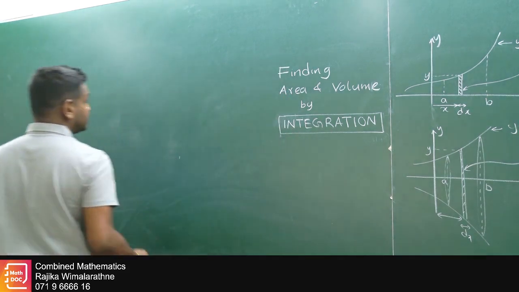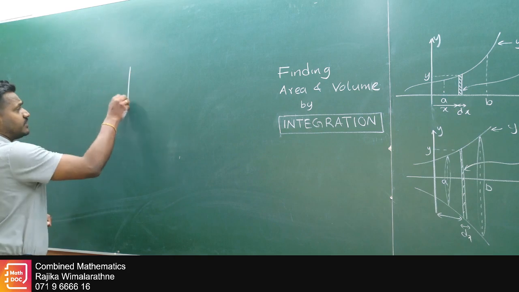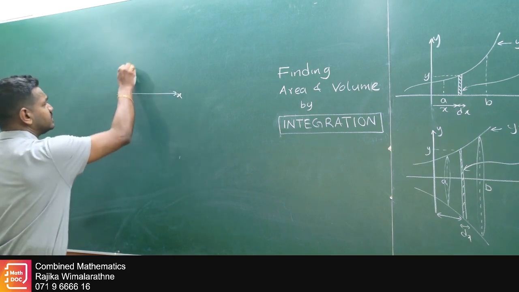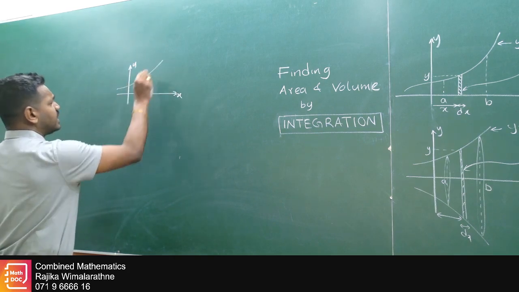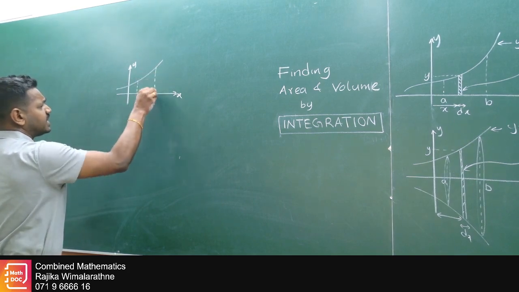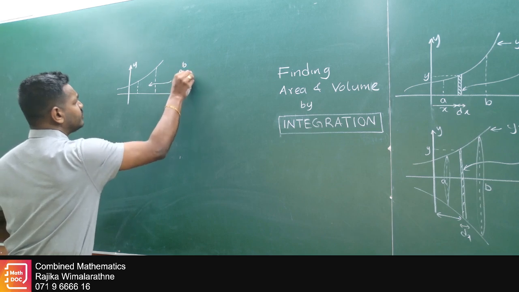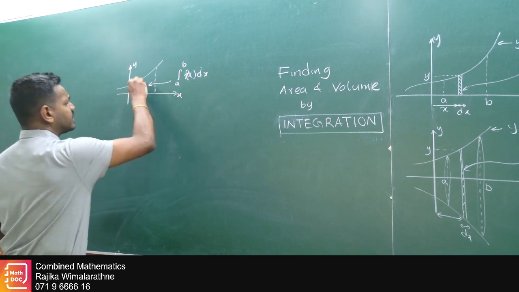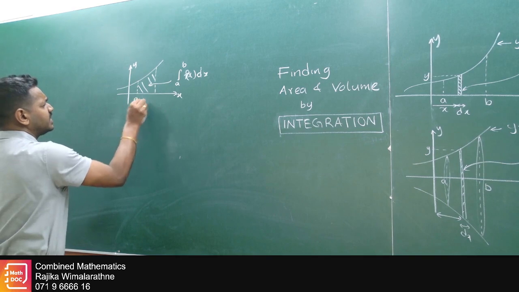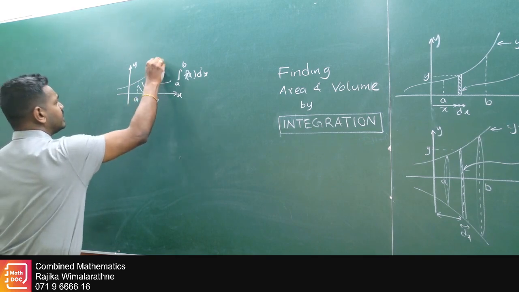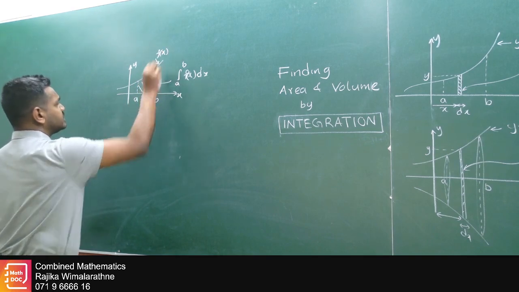So consider the function. If that function stays like this, then this area is the integral from A to B of f(x) dx. That represents this area. Here A, B, and a y equals f(x) function.